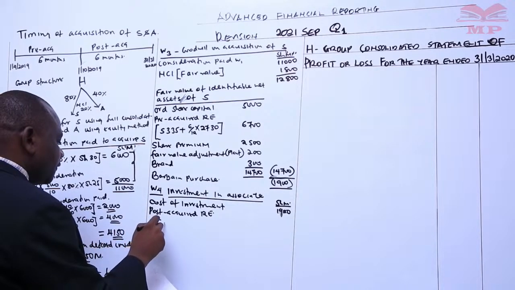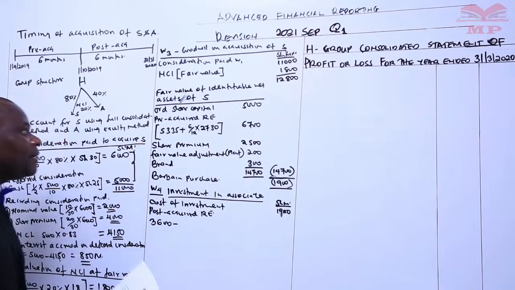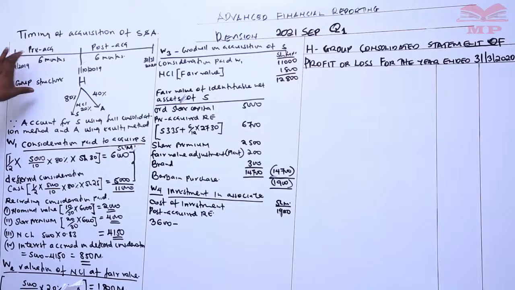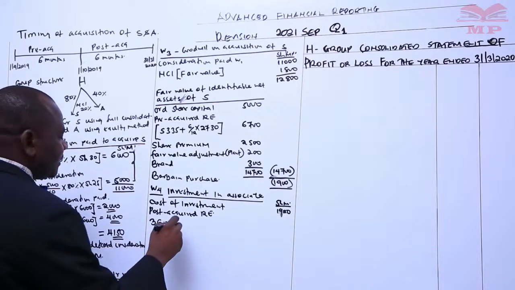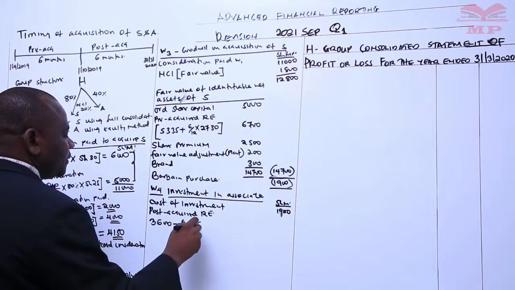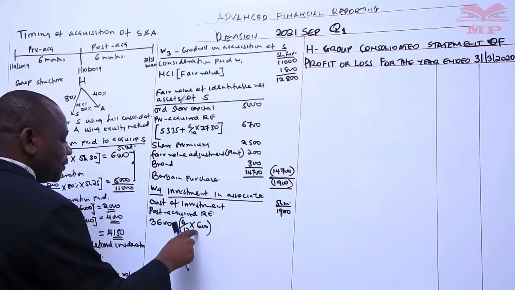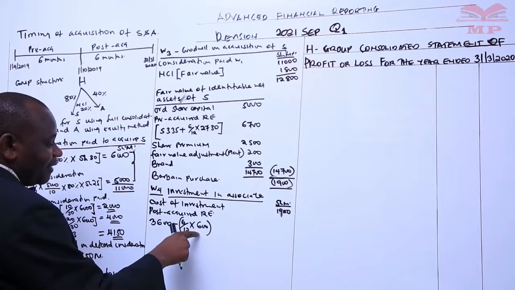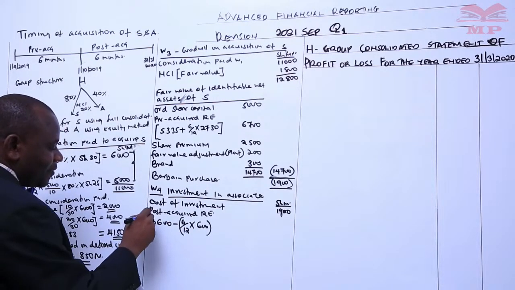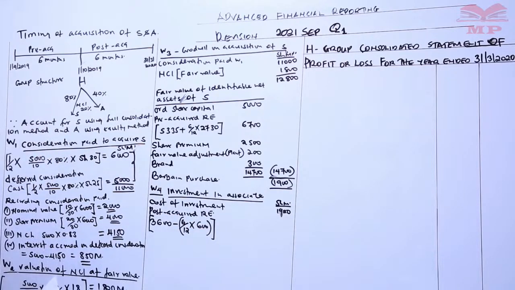So the total profits is 3,600 minus the pre-acquired loss. The pre-acquired loss is 6/12 times 6. Recall that it is a loss. It's negative already, so the aspect of integers there will guide you.